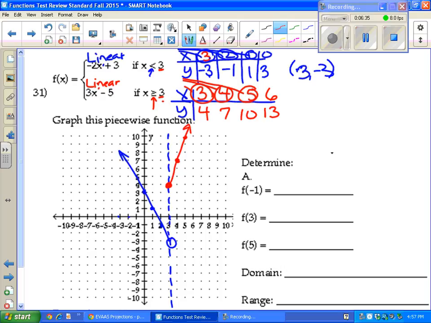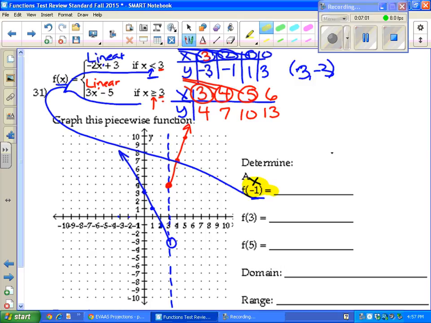Now we're ready to determine which function I evaluate at these points. So at negative 1, I come up here and I look at the function and I ask myself, do I look at the first piece or do I look at the second piece? What I have to do is look and realize this is an x. X is negative 1. That is a number less than 3. So for this particular part, I'm going to be doing the top piece.